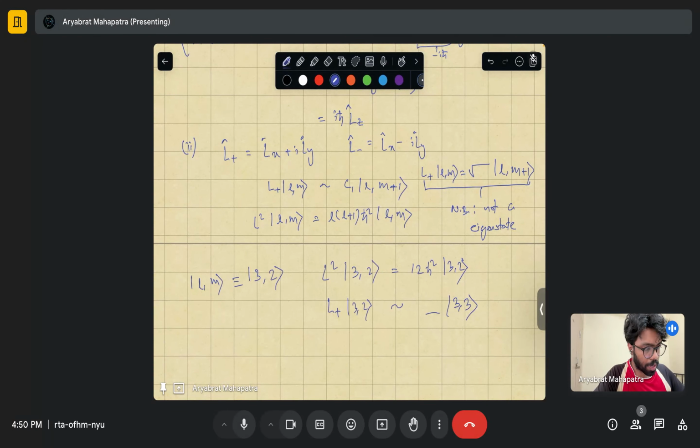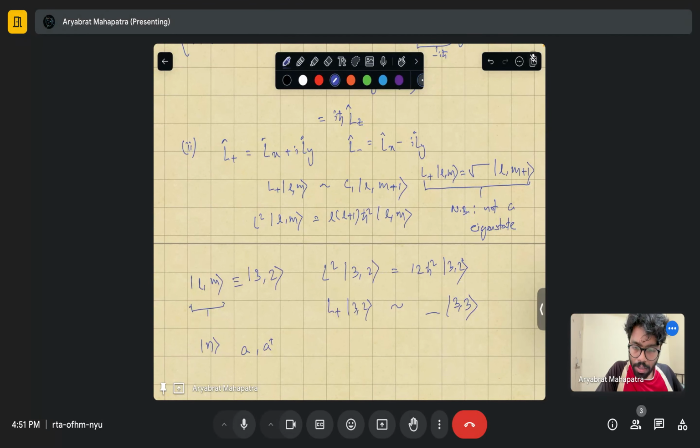Ladder operators work in whichever basis you are in. This is your eigenstate L m basis, or in the harmonic oscillator you have the n basis, the quanta states, where n equals 0 is the ground state and n equals 1 is the first excited state. There you have a and a dagger operators, which also help you raise and lower these eigenstates.